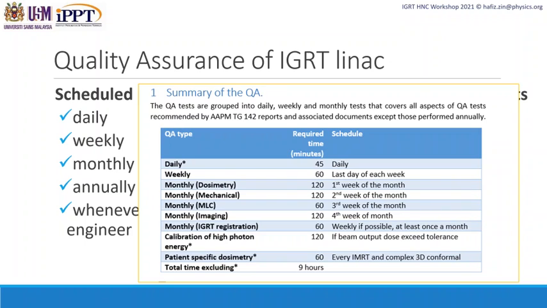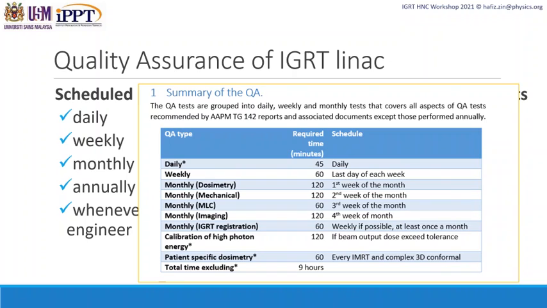This is an example schedule from my institute. So the QA tests are grouped into daily, weekly, and monthly tests that cover all aspects of quality assurance tests recommended by the AAPM TG142 report and associated documents. So we can see here there's also the estimated time and how regularly each of these tests is performed.